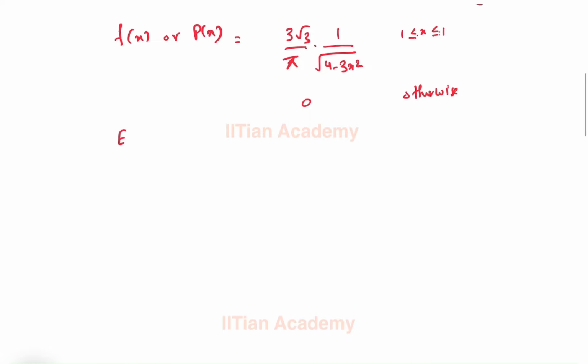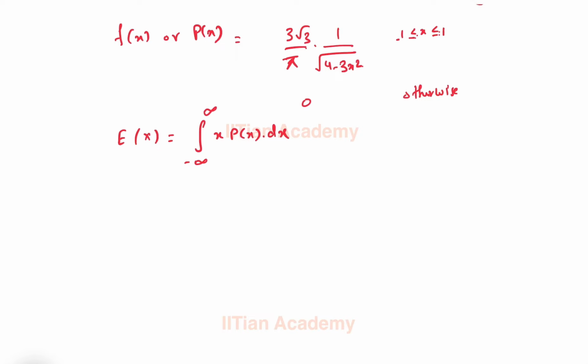Now in the second part, what we have to do is we have to identify the expectation value E(x), which is again the integration of x into p(x) dx for the whole range. In this case it is generally from minus infinity to infinity, but in this case the whole range will be from 0 to 1.